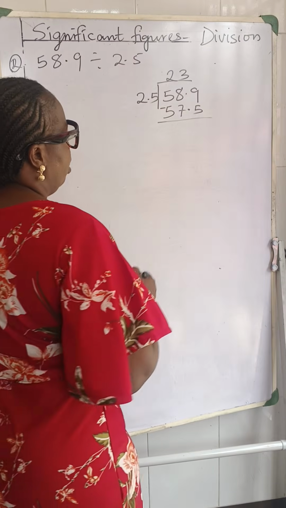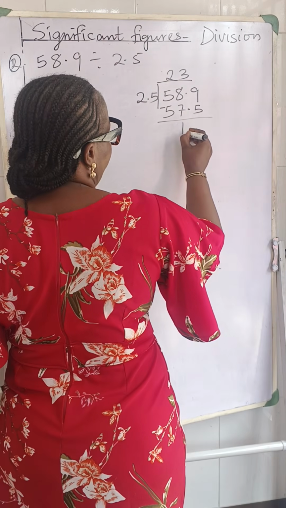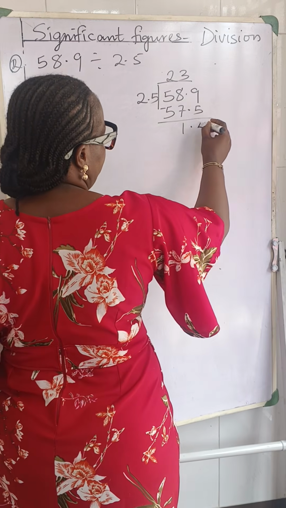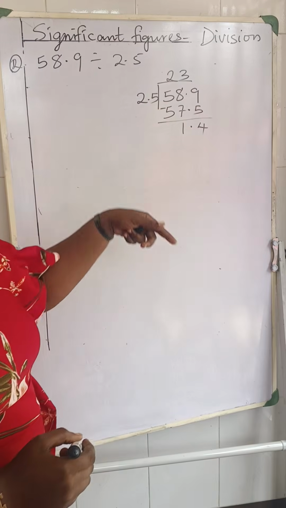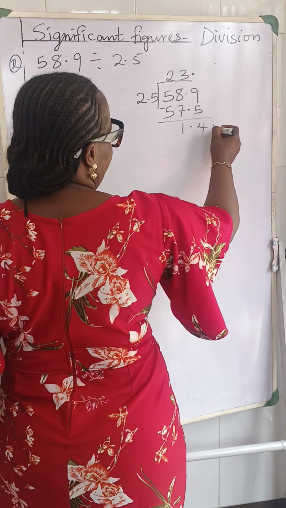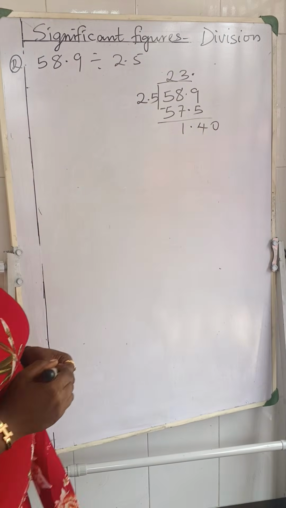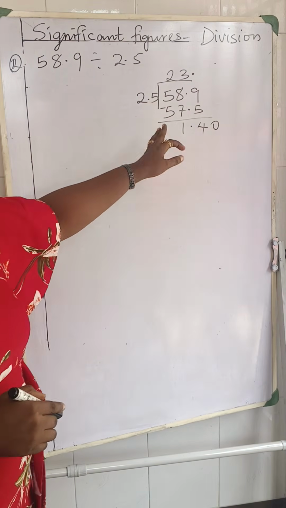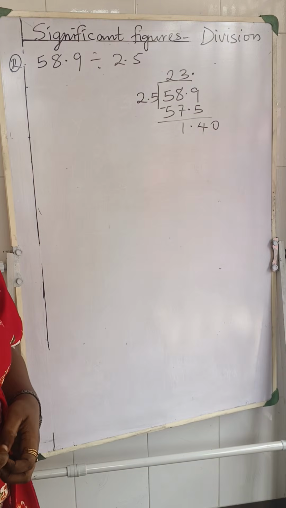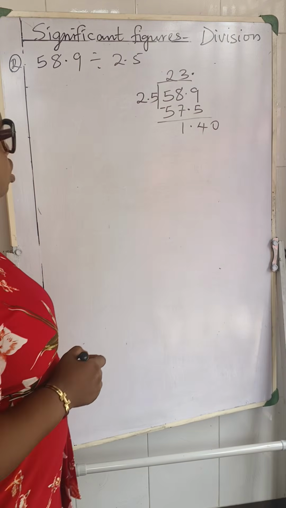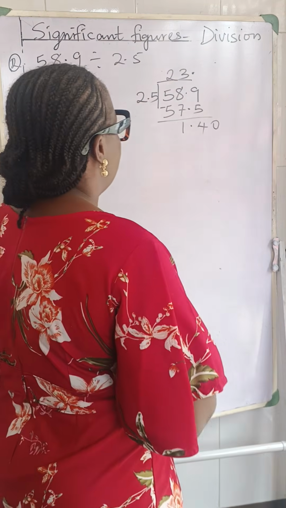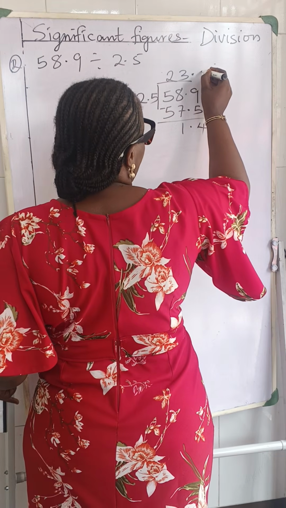Now we take away: 8 take away 7 gives us 1 point, 9 take away 5 gives us 4. For us to be able to clear that, we put our decimal point here and add a 0, right? How many times will 2.5 go into 1.40? It will go 0.56 times. If we punch it on our calculator, it will go 0.56 times.